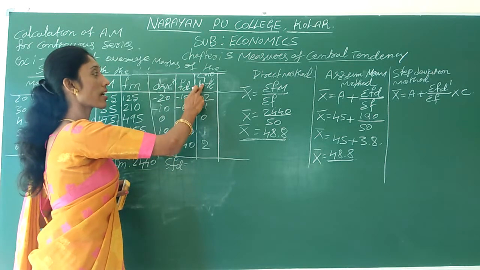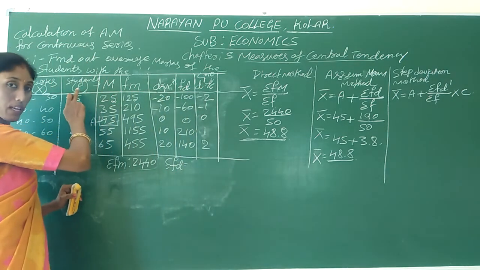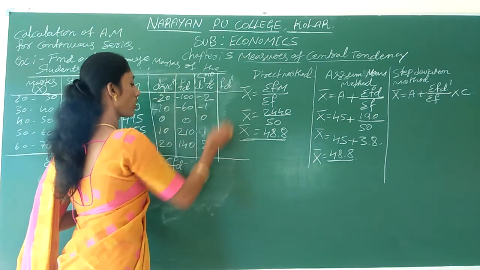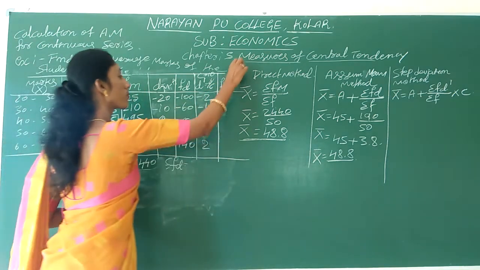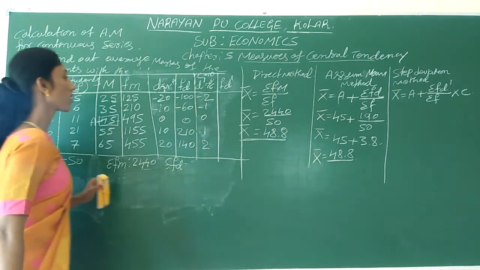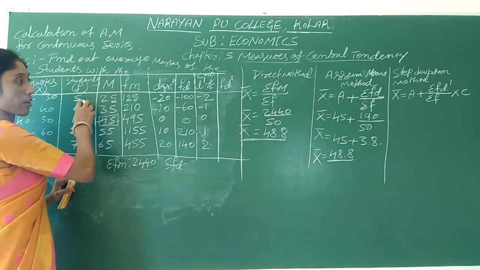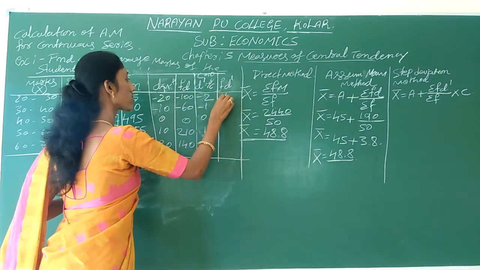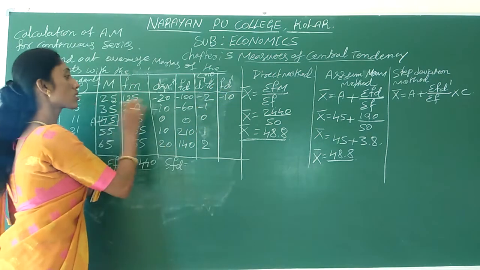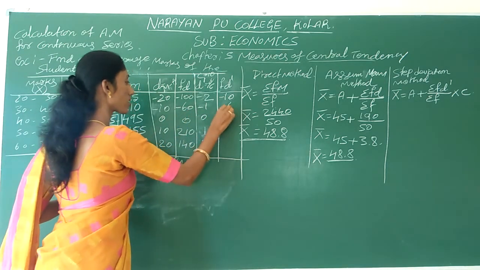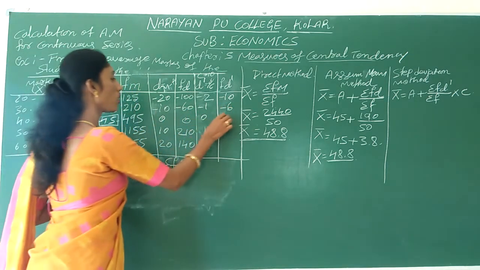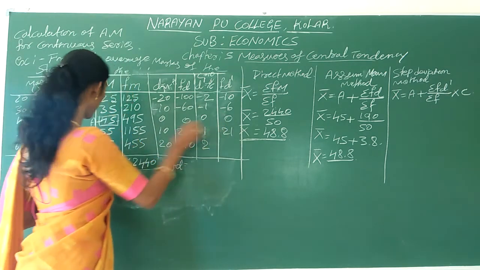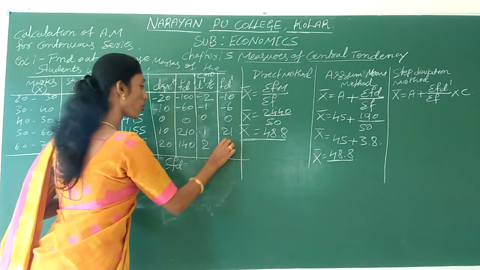Next, we need to multiply these d dot values with the frequencies. Then we get f into d dot. Got it? Here f is 5, 5 into minus 2, minus 10. 6 into minus 1, minus 6. 11 into 0, 0. 21 into 1, 21. 7 into 2, 14.